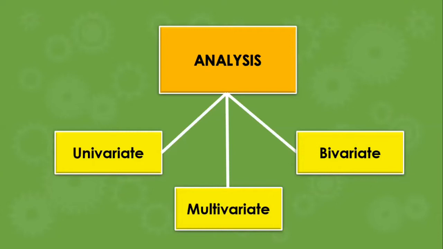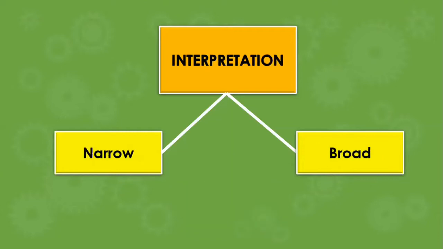The techniques are especially valuable when working with correlated variables. And in interpretation of results, it can either be narrow or broad interpretation. A narrow interpretation is brief and concise, while broad interpretation is long and detailed.